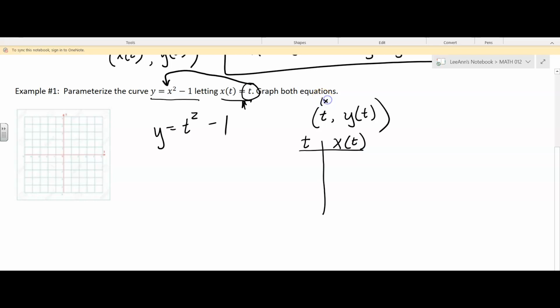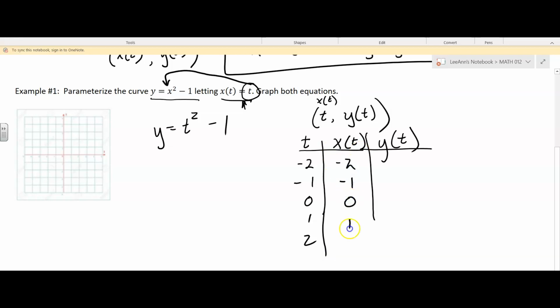I want the parentheses, because it's not always just going to be t, that's the thing. But in this case it's t. And then you're going to have y of t. Okay, so let's just do -2, -1, 0, 1, and 2 for t. And then x of t is actually going to be the same thing in this case. It's not always going to be, but it is in this case.